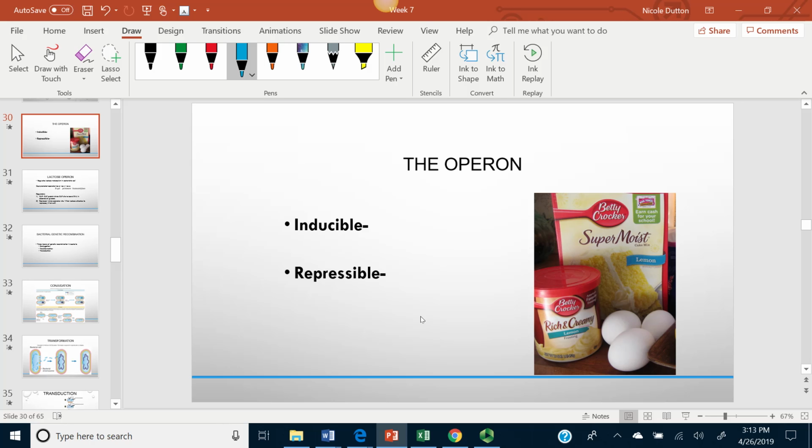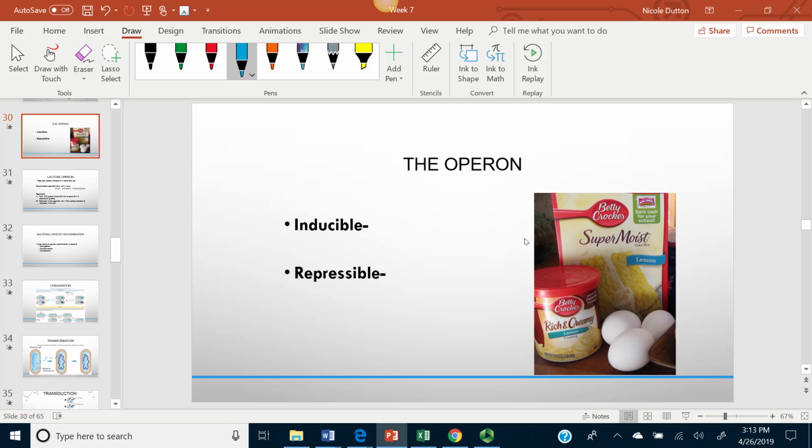So an operon is a series of two or more genes that are transcribed simultaneously and translated simultaneously because they're all necessary for a certain process.